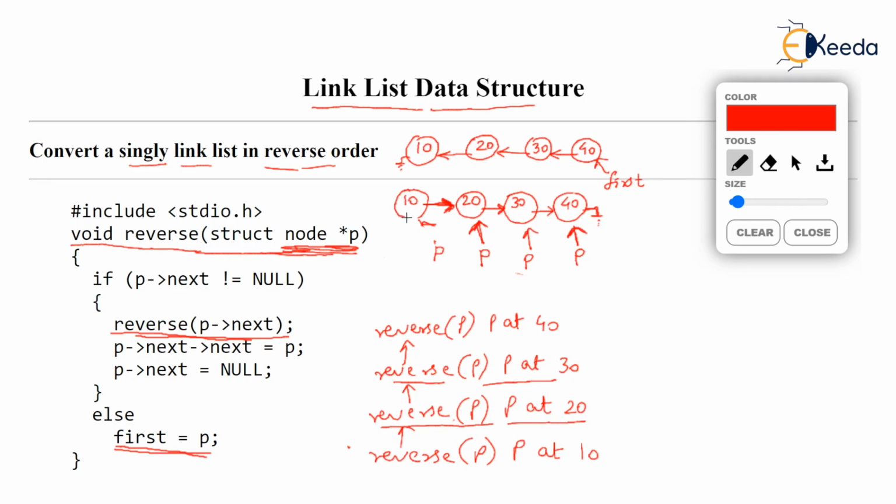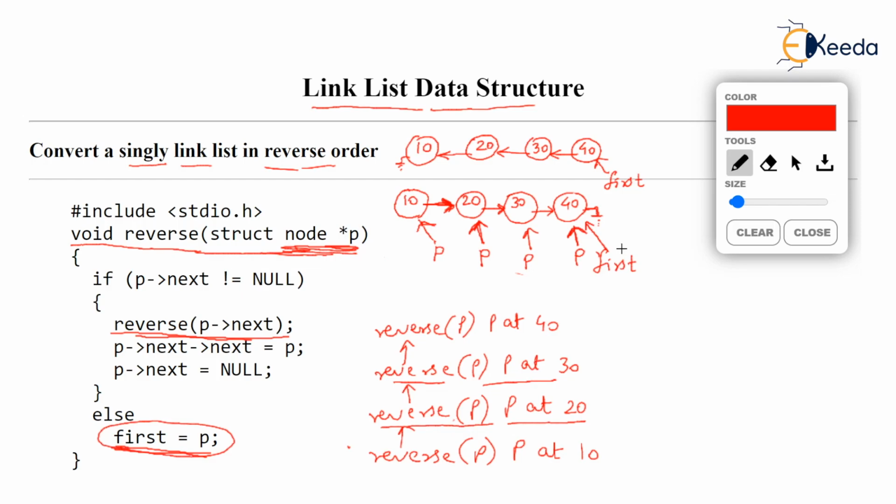But now we are asking first to point to the node where P is pointing, first equal to P. So first will now point wherever P points. That means first is going to point to 40. I guess you are understanding. So 40 has become the first node due to the line first equal to P.